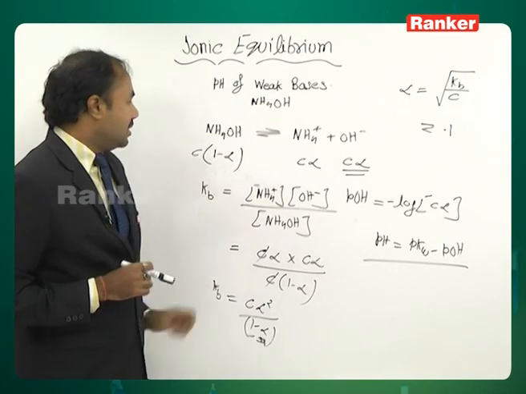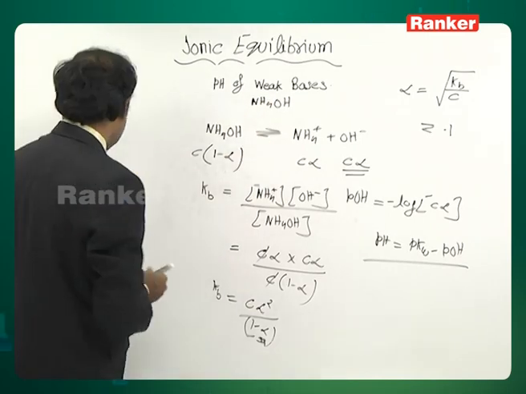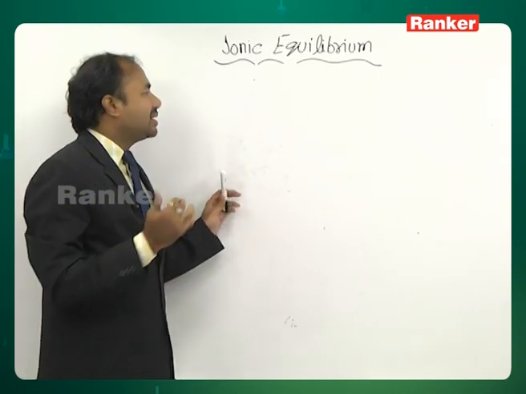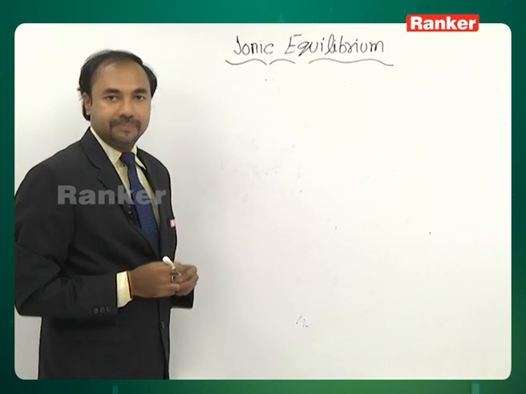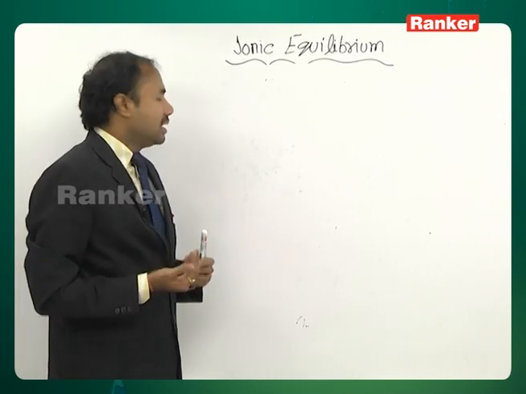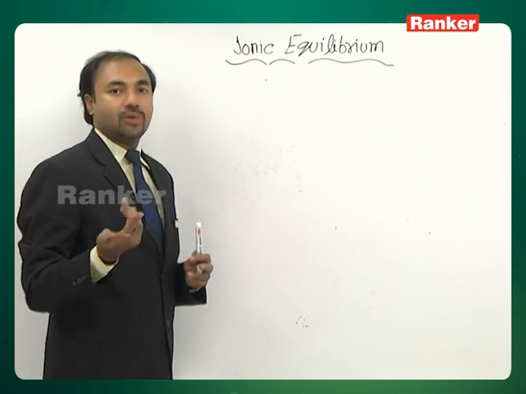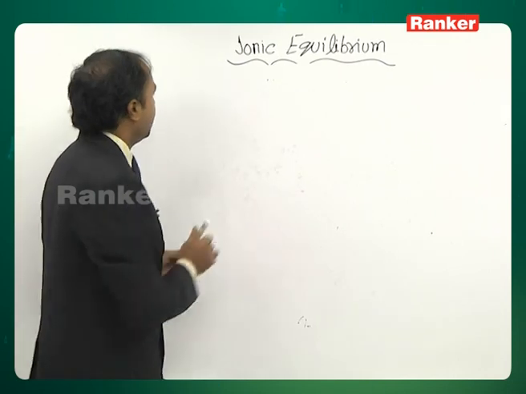This is how we get pH of weak bases. Right, now one more type of questions is quite important here: to find pH of a mixture of acid and base. Suppose we have got a mixture of two solutions. One of them is a strong acid, the other one is a strong base. How to find that?